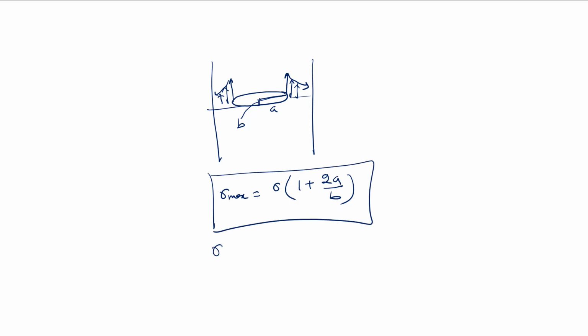From here you can also understand that for the case of a circle, where a is equal to b, we can write sigma (1 plus 2a by a), so it will be nothing but 3 sigma.